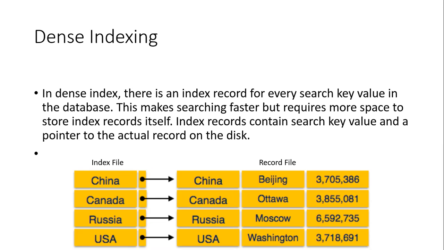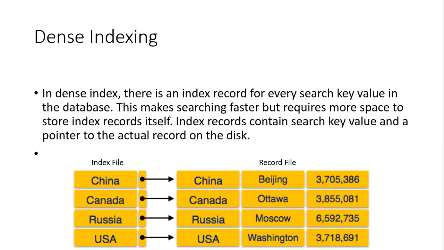So dense indexing makes access faster, because in just one access we can directly reach the record with the help of the pointer.